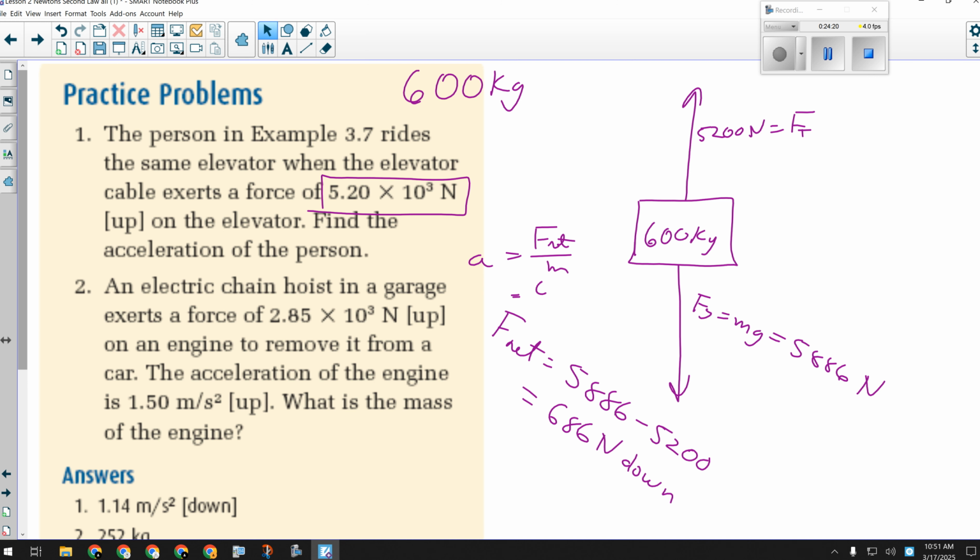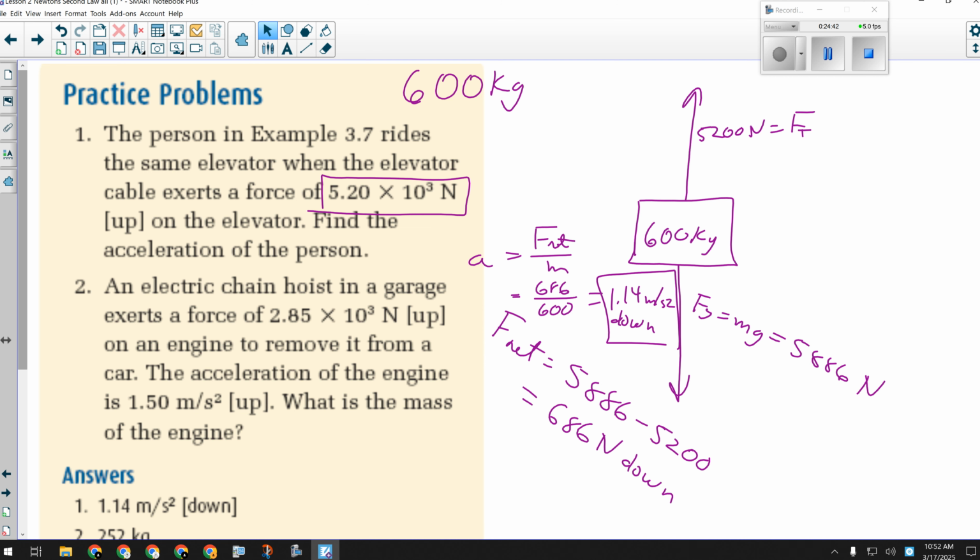So that'll be our 686 divided by 600, and that should give us 1.14 meters per second squared down. Remember, it is not doing that all the way to the ground. It's just doing that for the first few seconds to get a reasonable velocity to descend at. Everybody all right with that?